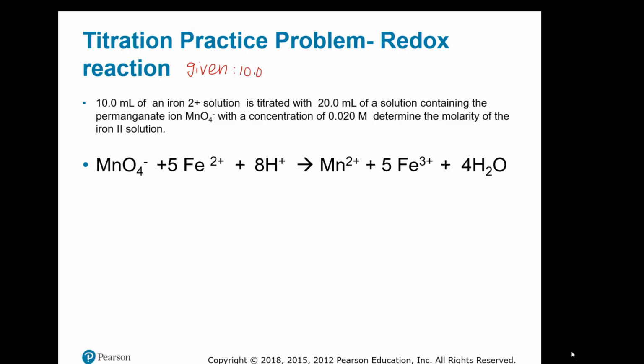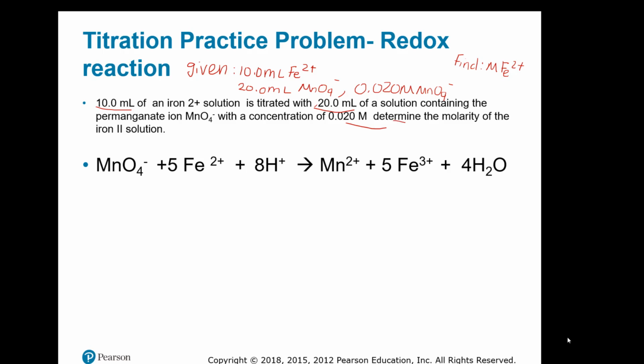Let's take a look at our given and our find. Our given is 10.0 milliliters of iron 2+ and 20 milliliters of the permanganate ion at 0.02 molar. And our find is the molarity of iron 2+. Our approach to this problem is to use dimensional analysis and stoichiometry, as well as the definition of molarity to find our answer.